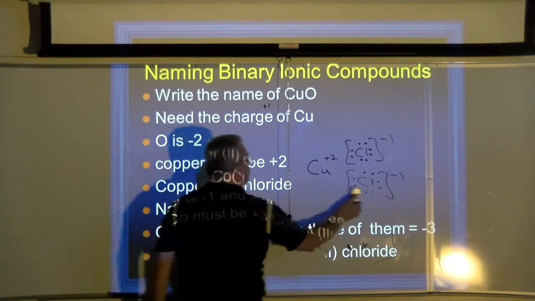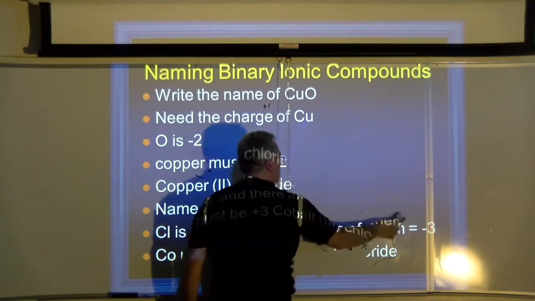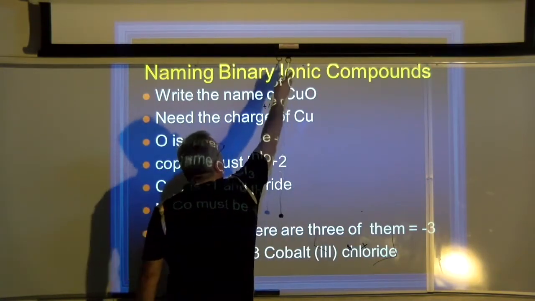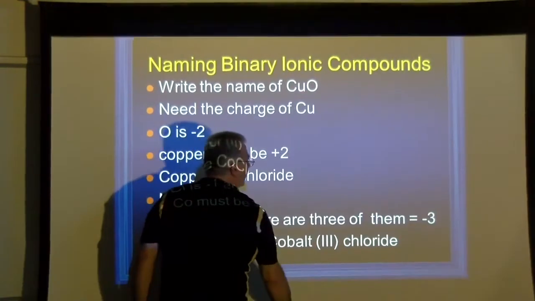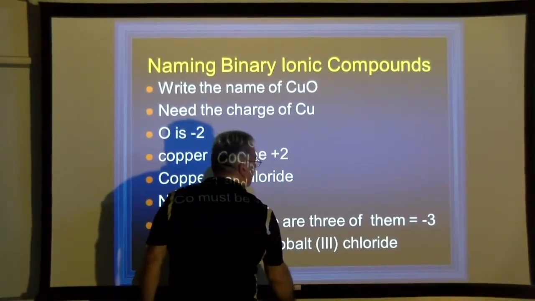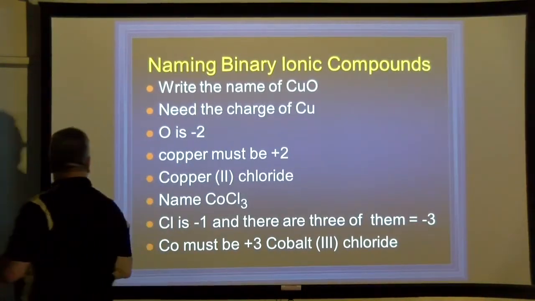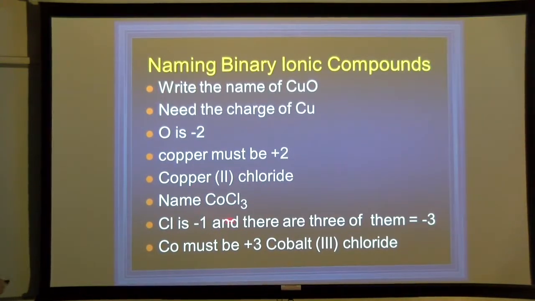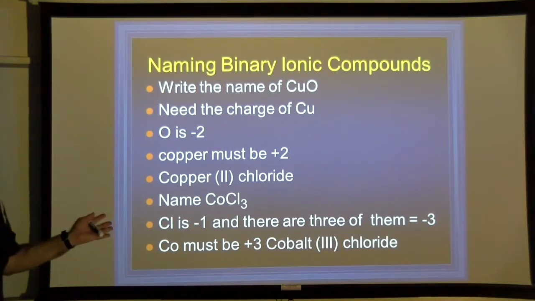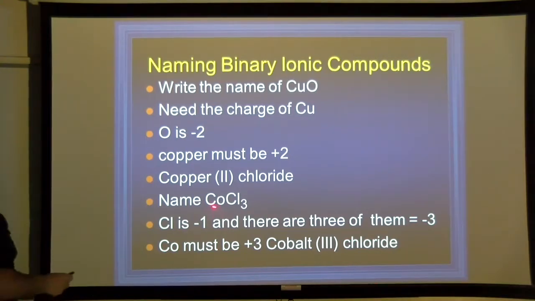Again, those transition metals are tricky because there's possibly more than one oxidation state. So they got to give me information to figure out the oxidation state of the transition metal. So someone says, okay, name this guy. Well, a bell should ring in your head if you notice that the metal is a transition metal. That means I need a Roman numeral. It's really that simple. But what is the Roman numeral?